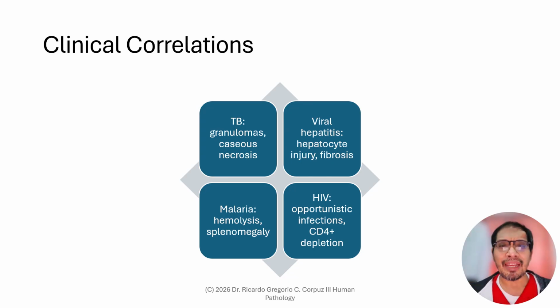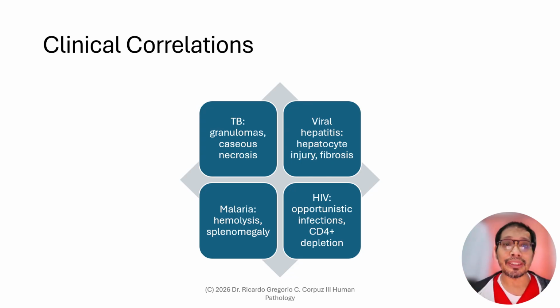Number two, viral hepatitis: hepatocyte injury and fibrosis. Hepatitis viruses, HBV and HCV, cause injury through both direct viral effects and immune-mediated cytotoxicity. CD8 plus T cells kill infected hepatocytes, producing ballooning degeneration and apoptosis.